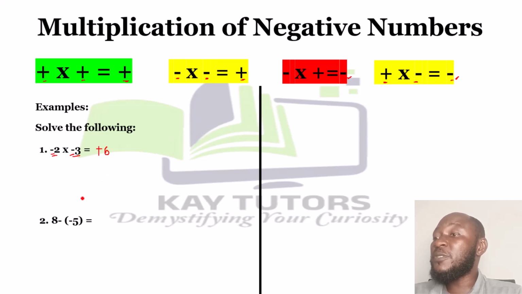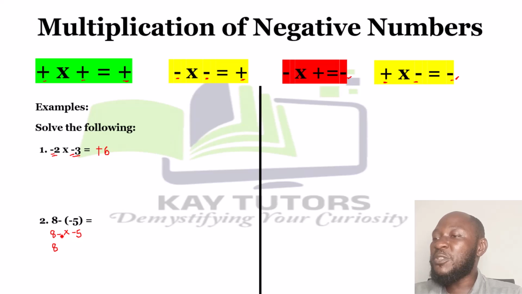Let us go to the next example. Here, for the sake of clarity, this bracket sign, you can refer to that as multiplication. So I have 8 minus times minus 5. See, I have reinterpreted this question.